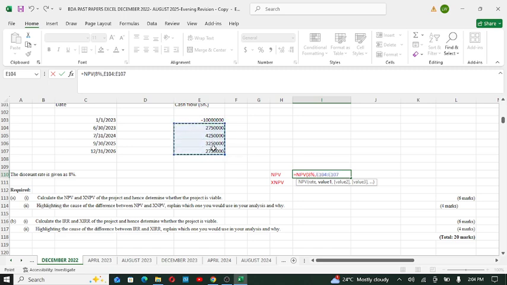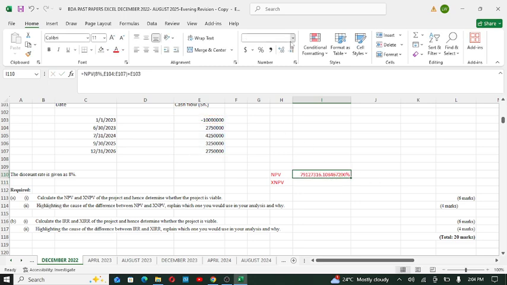Then we close and add the initial cash outflow. Remember, we are adding the cash outflow because it's negative. Assuming it was positive, we would have subtracted.